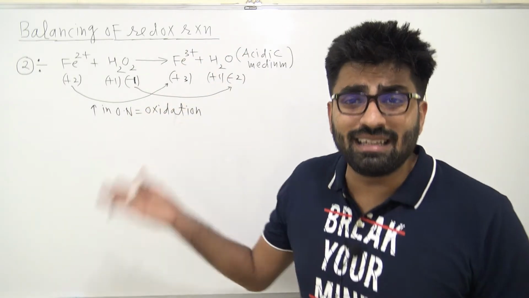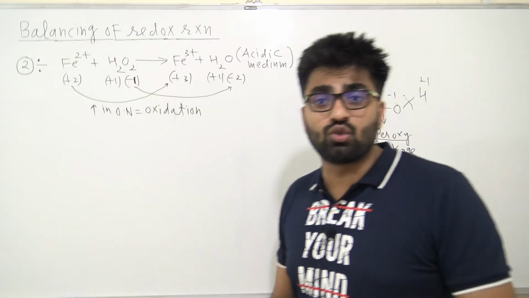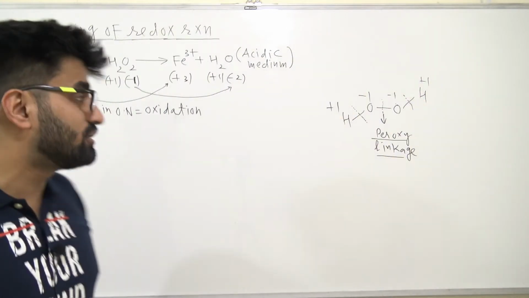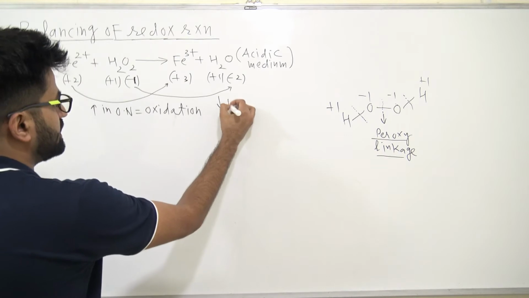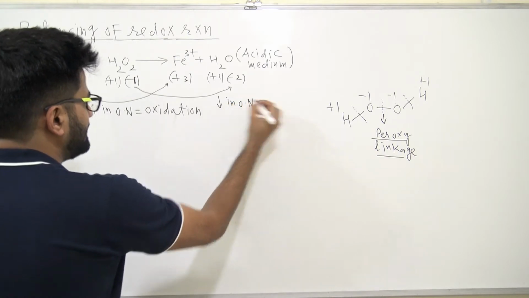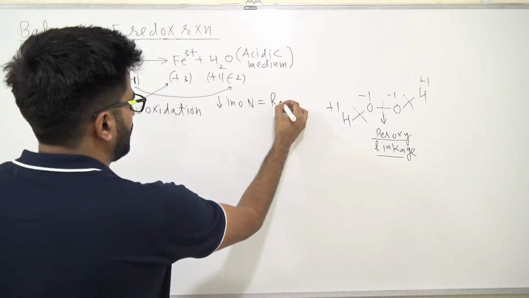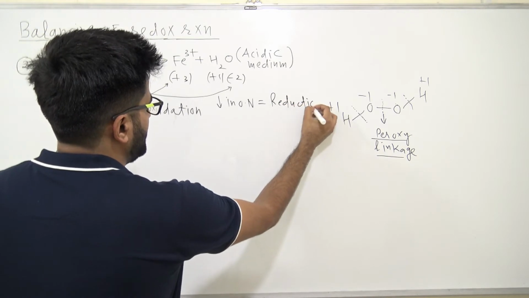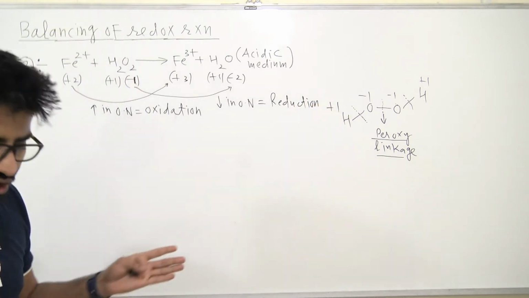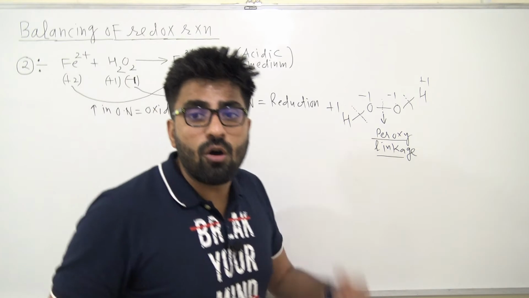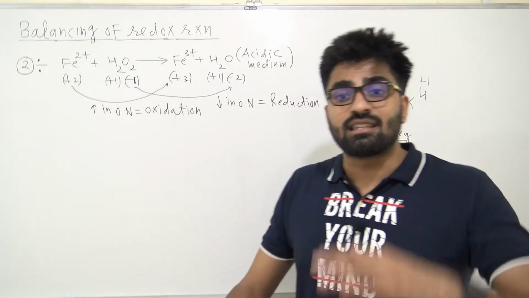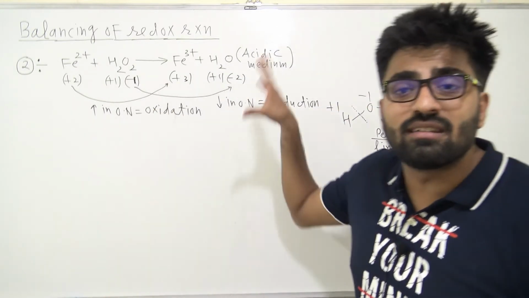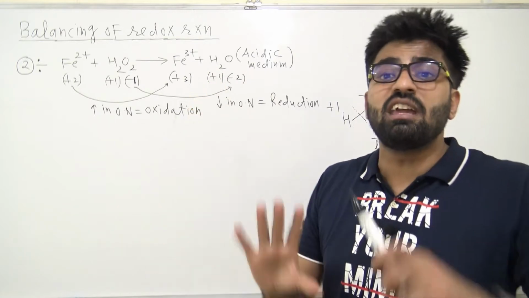It has to be a decrease. This is -1, this is -2. So oxygen is undergoing a decrease in oxidation number, and a decrease in oxidation number is called, guys, what? Reduction. So in the given reaction, oxidation and reduction take place simultaneously. It means the given reaction is a redox reaction. But we are not asking that.